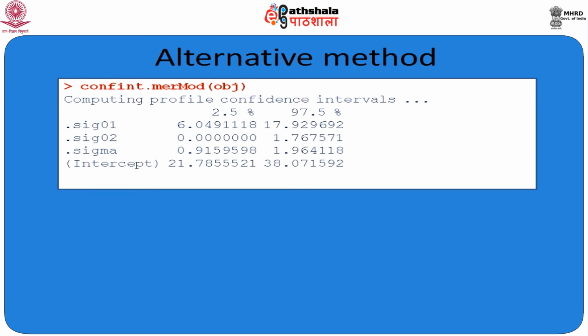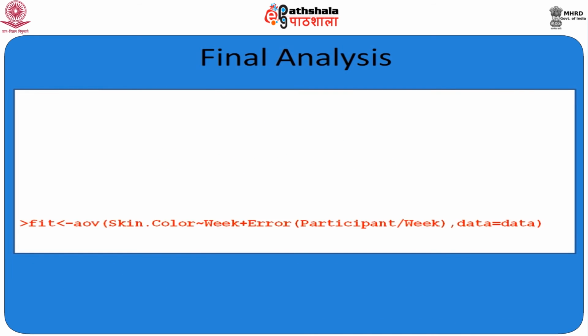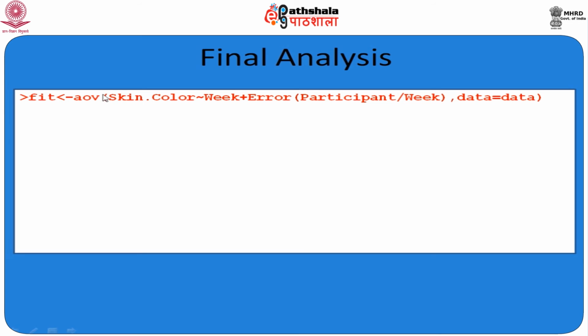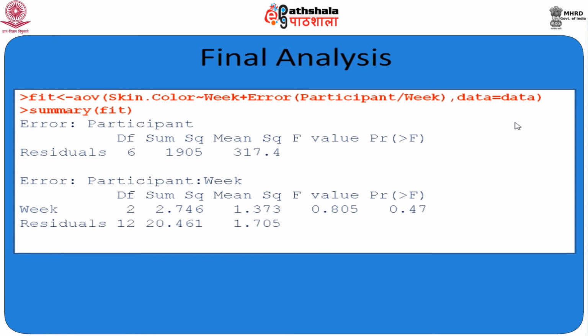Actually the final model will be the mixed effects model, where participant should be considered as the random component, and the week should be considered as the fixed effect. And so the final model would be derived as skin color ~ week + (1 | participant), with data equals data. That will give you the summary of the final results that you must have seen in the early, initial slides.